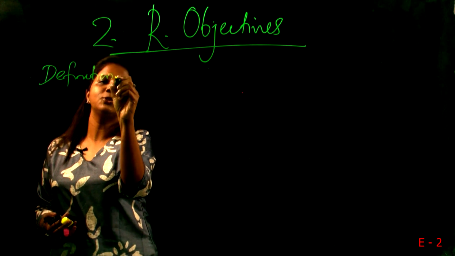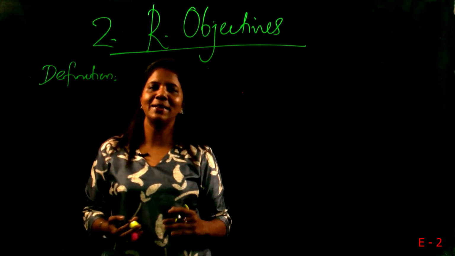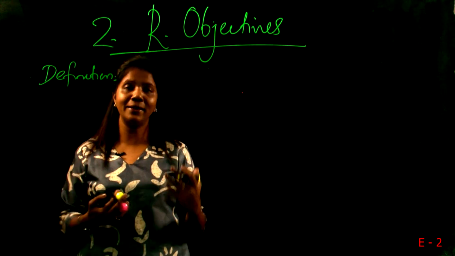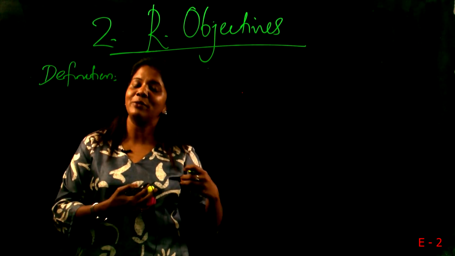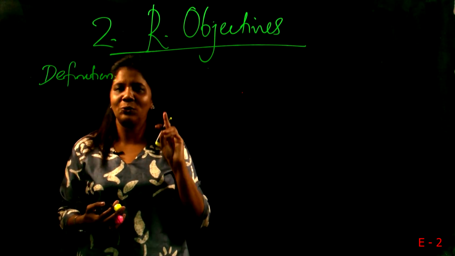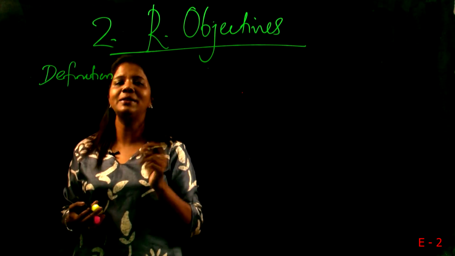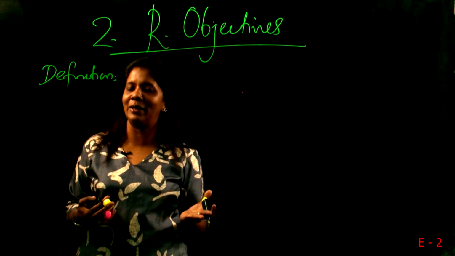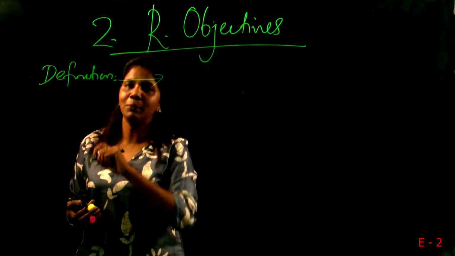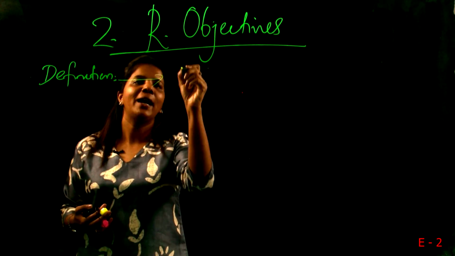Research objectives, again Kerlinger's definition: a research objective is a declarative statement or interrogative sentence which emphasizes the relationship between two variables. Hope you remember the two variables, independent variable and dependent variable. When you consider this relationship of independent and dependent variable, what does it mean?